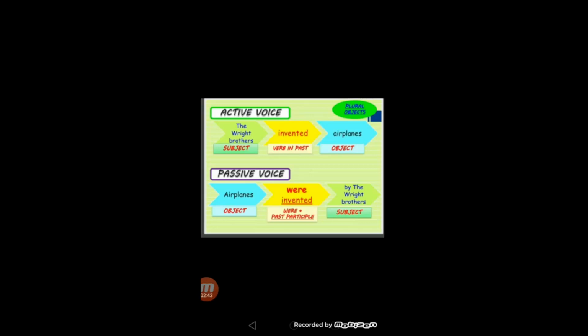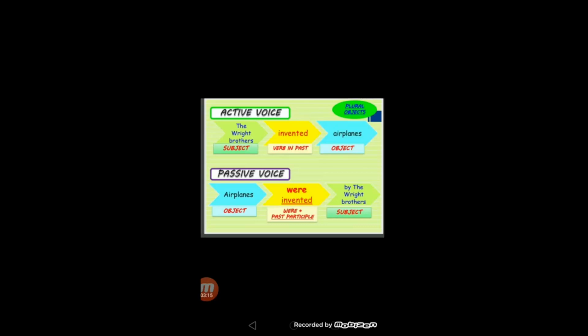In this sentence, we start with the subject, the Wright brothers. Then we put the verb invented. After that, we put the object airplanes. If we wanted to change this sentence into passive voice, we say airplanes were invented by the Wright brothers. In passive, we start with the object airplanes.